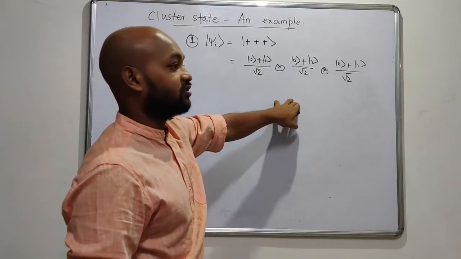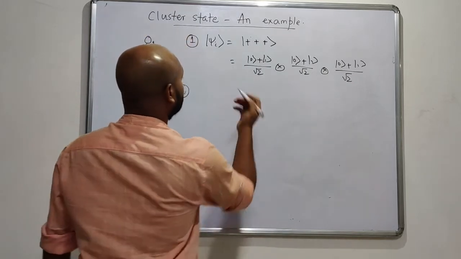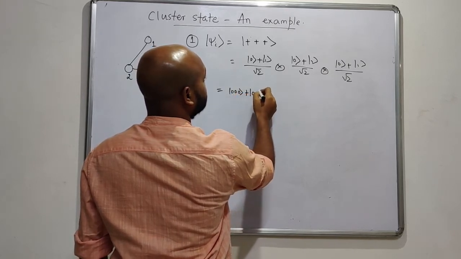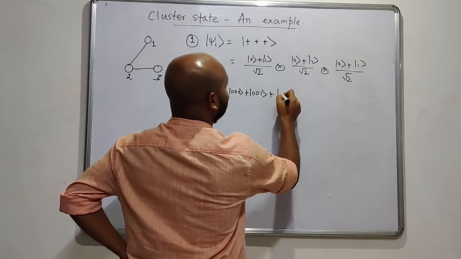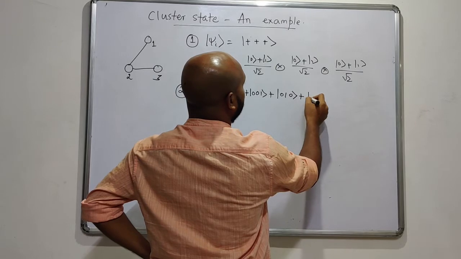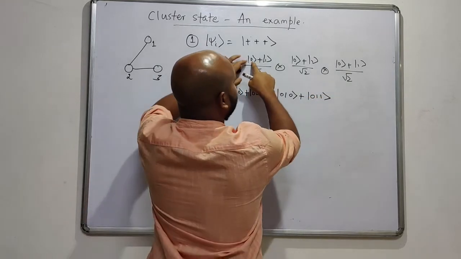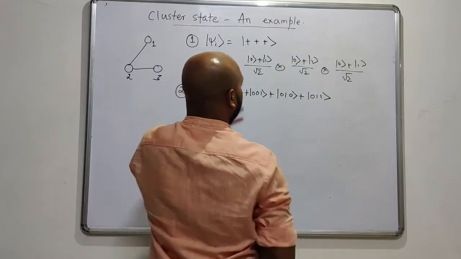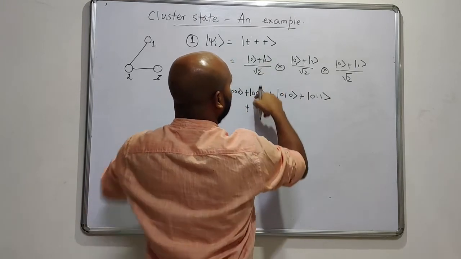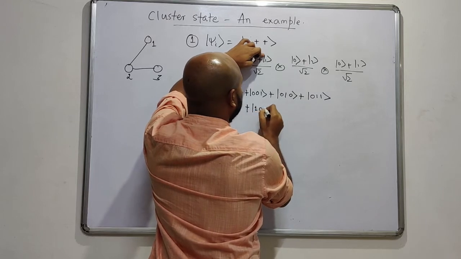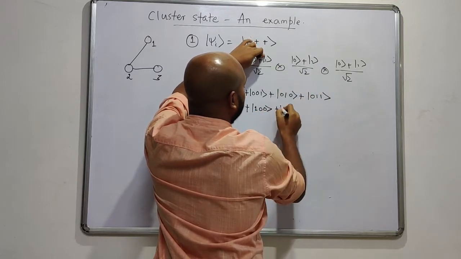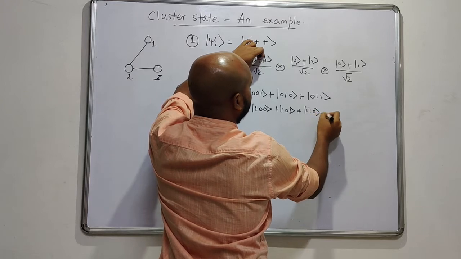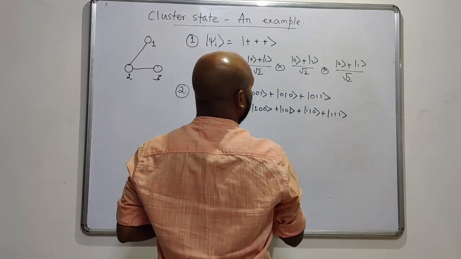This is a separable state. If I write that, it's going to be 000 plus 001 plus 010 plus 011 plus 100 plus 101 plus 110 plus 111.